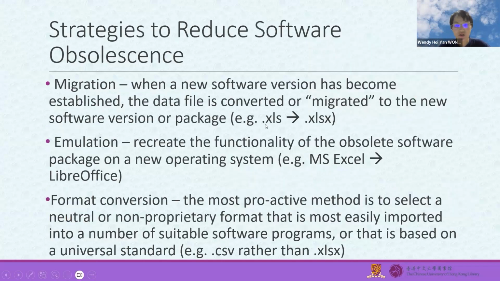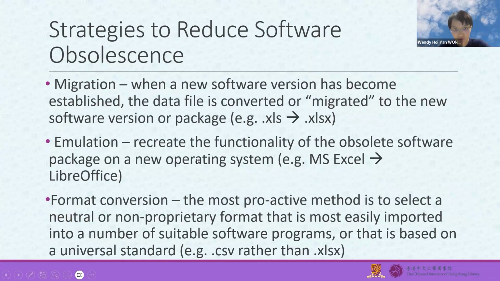For obsolescence, data migration: if you have some file formats which will be obsolete soon, transfer them into some newer formats.